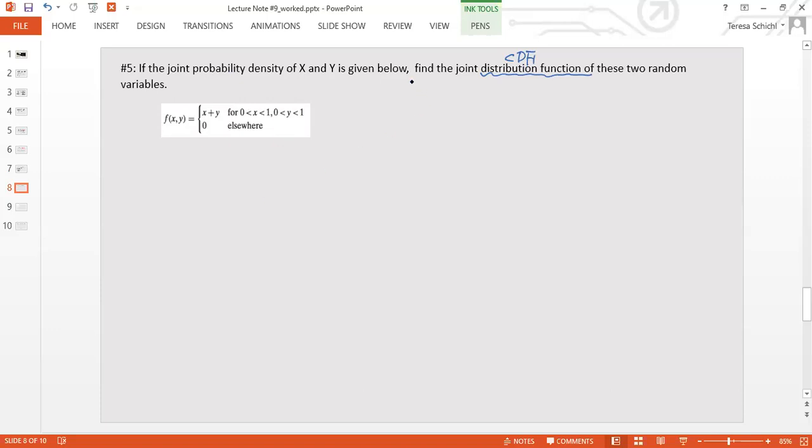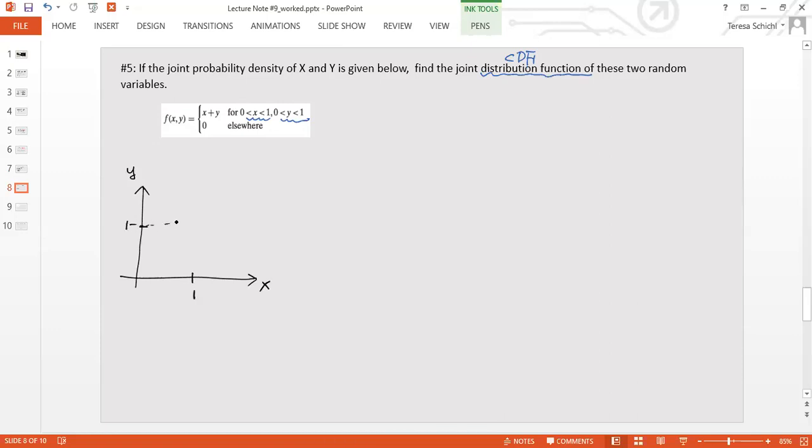Now, when we try to do it, let's take a look at the region of X and the region of Y. This is X, this is Y, and this is 1, this is 1, right?